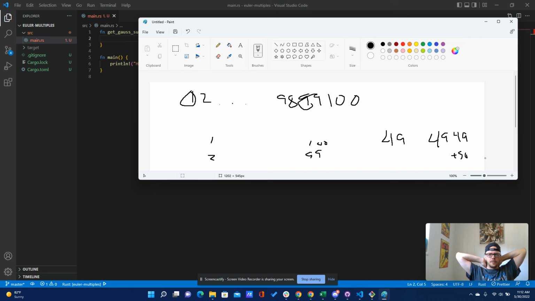So there's a formula for figuring this out, and what was it? It was the limit times the limit plus 1, divided by 2.